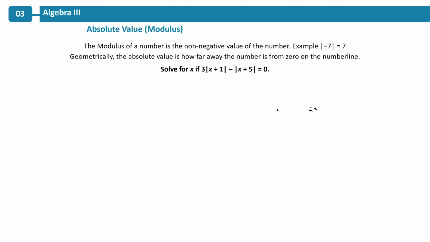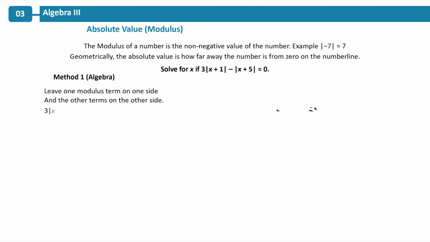This means that you need to have your equation with one modulus on one side of the equation and one modulus on the other side of the equation. This leaves us with 3 times the absolute value of x plus 1 equals the absolute value of x plus 5.